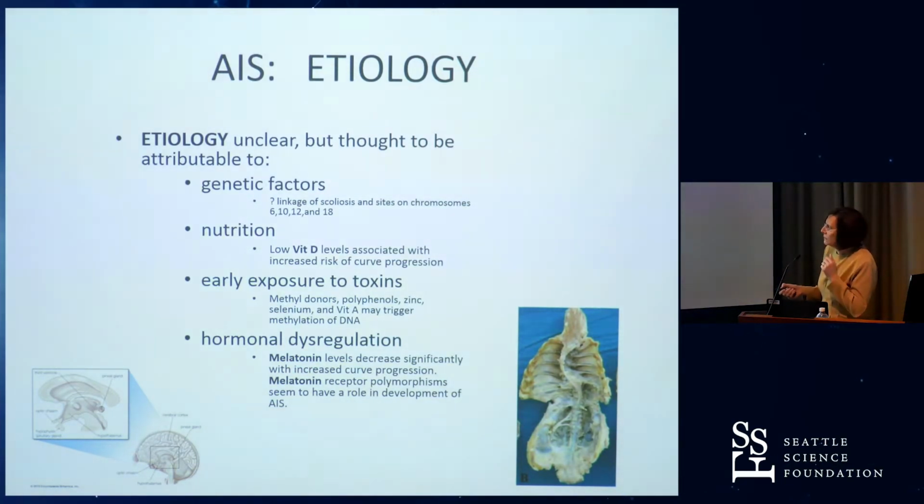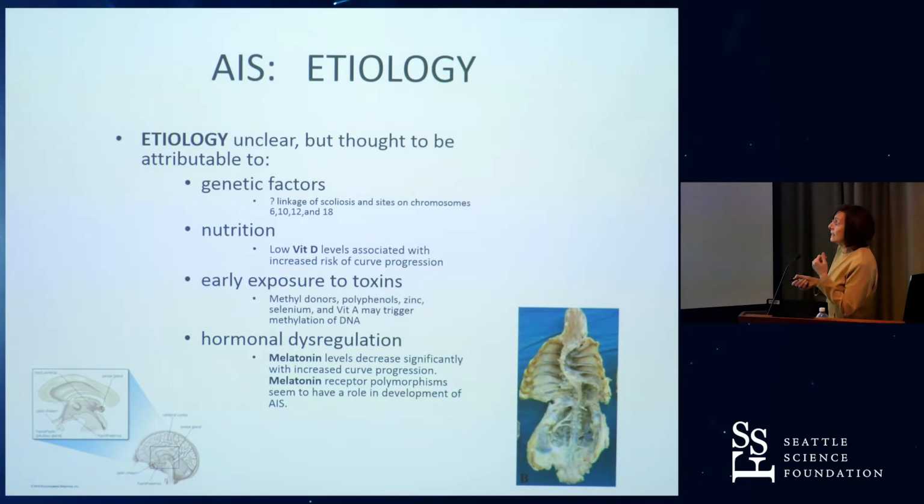I always have to remind myself that melatonin comes from the pineal gland. This is in fact a chicken, where in the chick there is an animal model for scoliosis where they actually remove the pineal gland, so they are melatonin deficient, and those chicks develop what looks like scoliosis, very similar to what we see in humans.